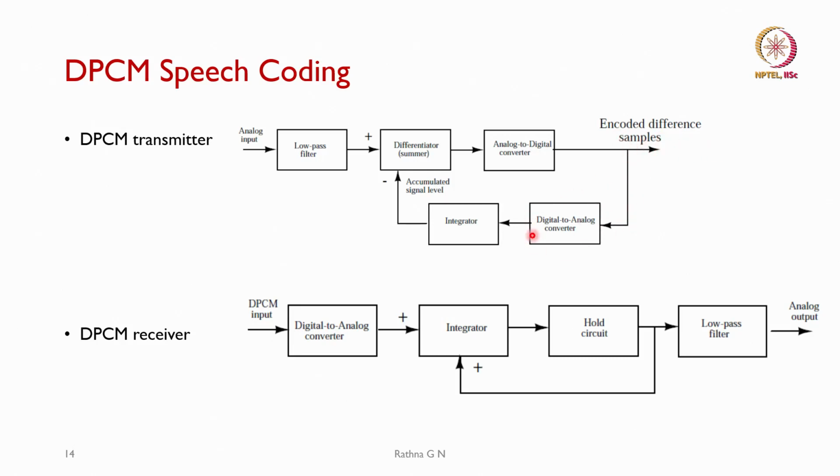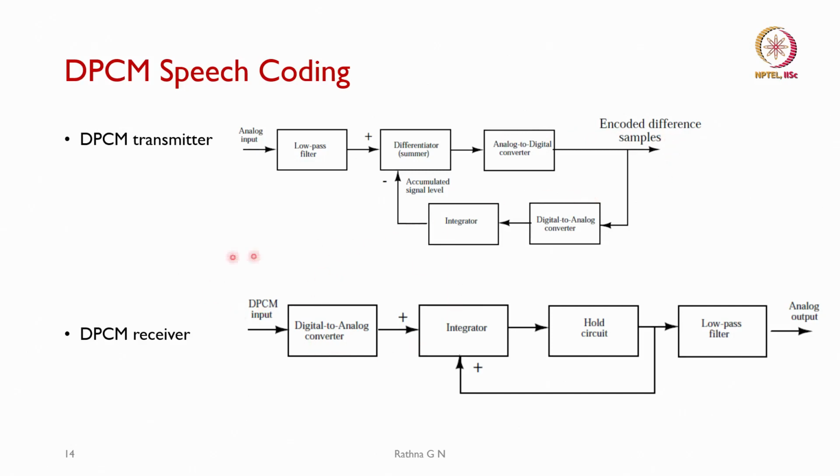The same thing is fed back through a digital to analog converter and then an integrator, and the accumulated signal level is subtracted from the input, and the rest of the signals are passed through this.